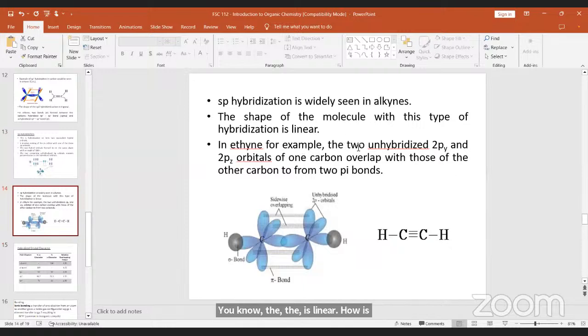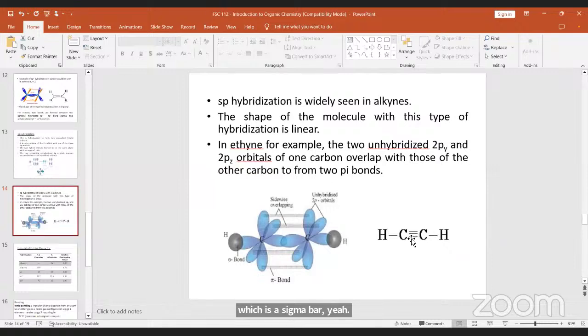And we see this type of hybridization in compounds having a triple bond. How did this happen? You have two hybridized orbitals. If one lobe of one of the hybridized sp carbons overlaps with the other one, they form a bond, which is a sigma bond here, because it is end-to-end overlap.